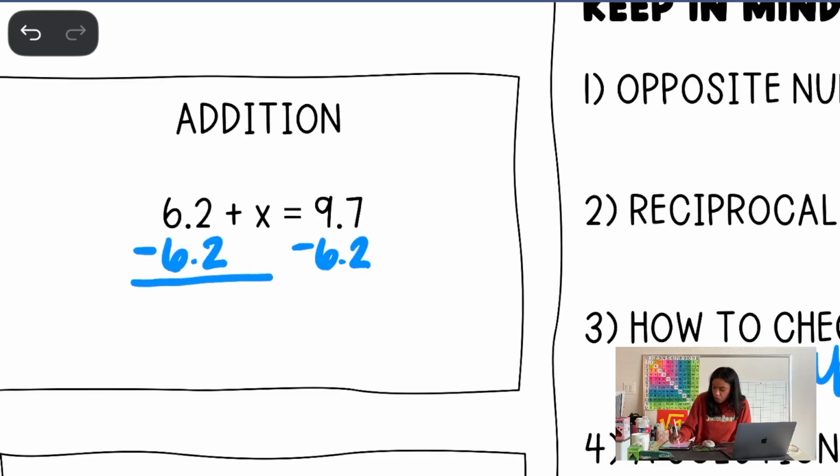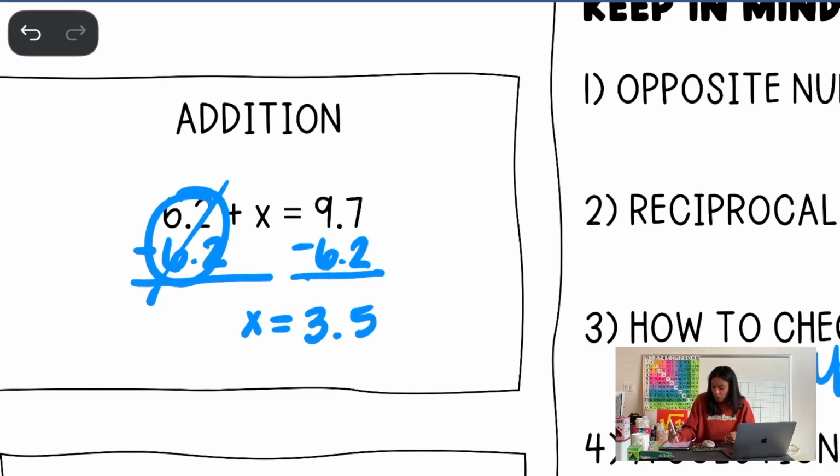This is 0, and I actually like to go ahead and draw the 0 and cross it out so I can see that it's 0. On this side, I'm just going to subtract. So x is equal to 7 minus 2 is 5. Bring my decimal down. 9 minus 6 is 3. x equals 3.5. Beautiful. Again, I can always check it by plugging it back into my original equation.